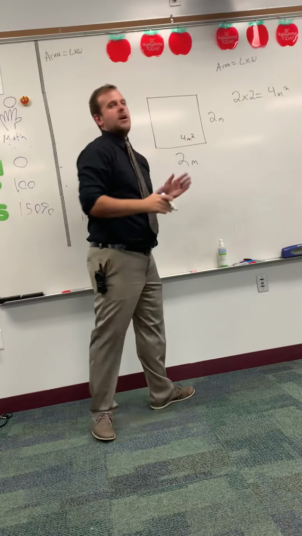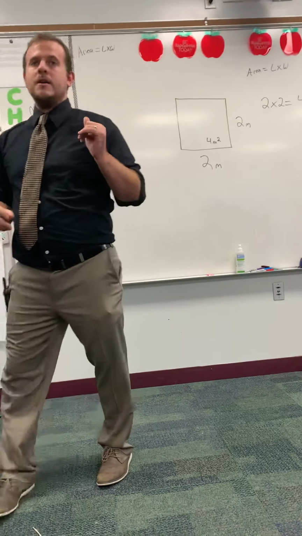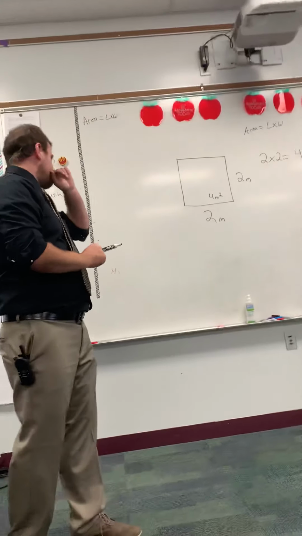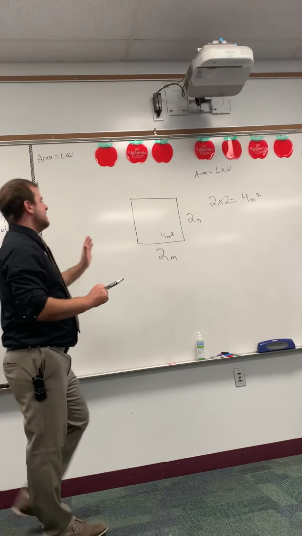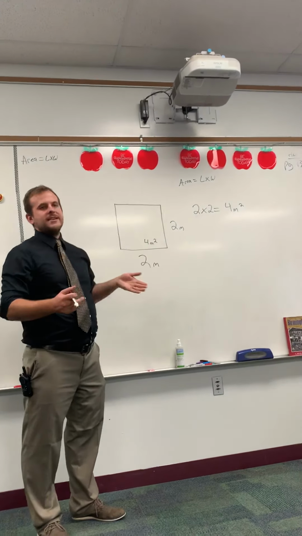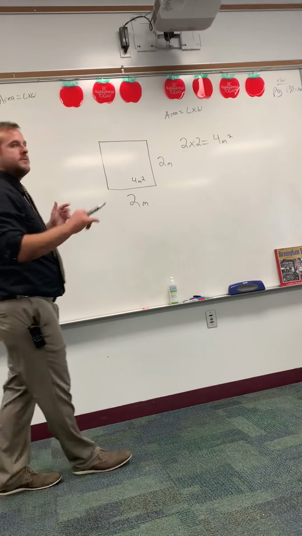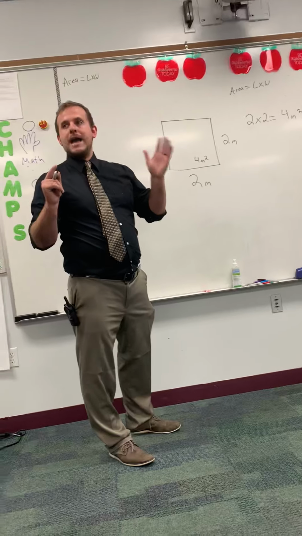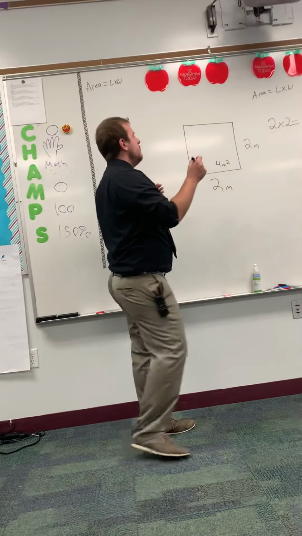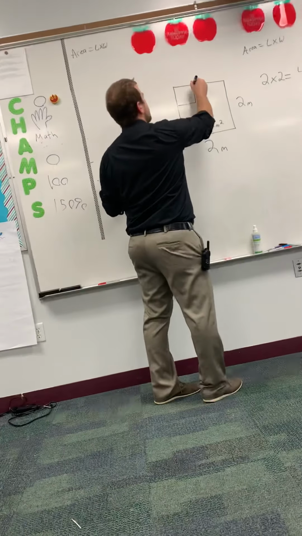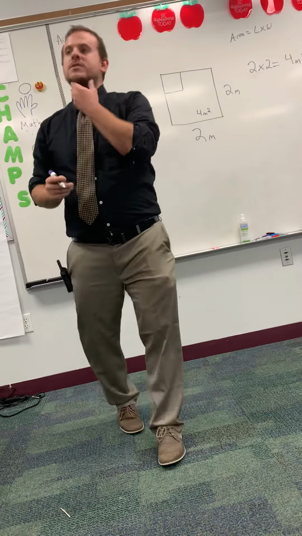So that's what we want to start off with here, okay? Everyone with me so far? All right, so let's pretend that this is the classroom. Obviously, the sizes are way off. 2 meters is not very big. But let's just pretend. Now, my desk is just one corner. This is the area of the classroom that I use.